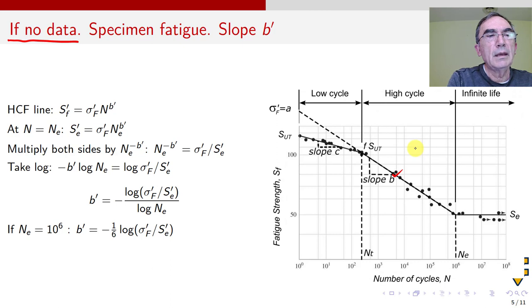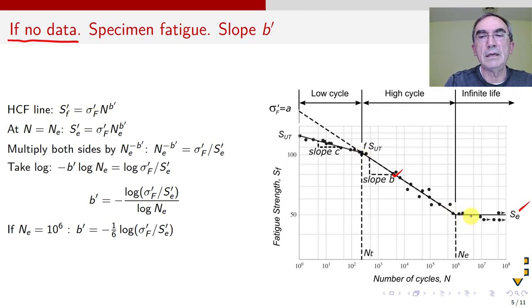Okay, so at N equal to NE, which will be here, SE prime, like that, has to be sigma F prime multiplied by NE to the exponent B prime. Because that's the equation, and this equation is valid for all this region from here to here, all right?